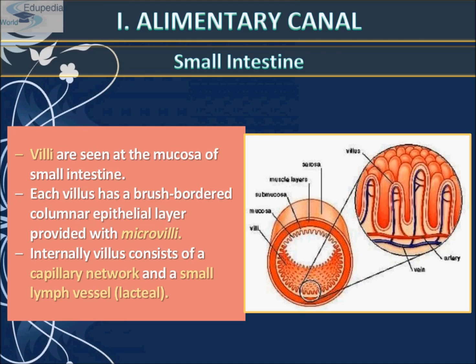This is an illustration of a villi. This is the mucosa, this is the submucosa, and these are the muscle layers, and this is the serosa. If we see the zoom view of the villus, villi are like this, which is supplied by blood, by veins and arteries.